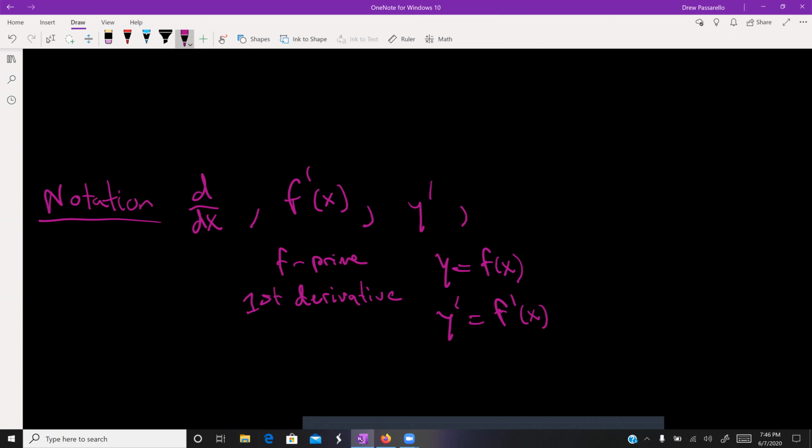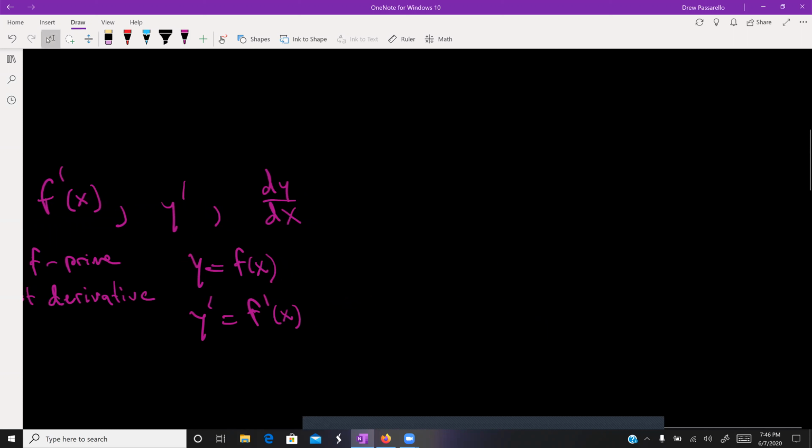And a fourth one that's very common is dy dx. dy dx is the same thing as y prime. All of these are the same. They're just taking a derivative of the function with respect to x. So dy dx is interchangeable with y prime.